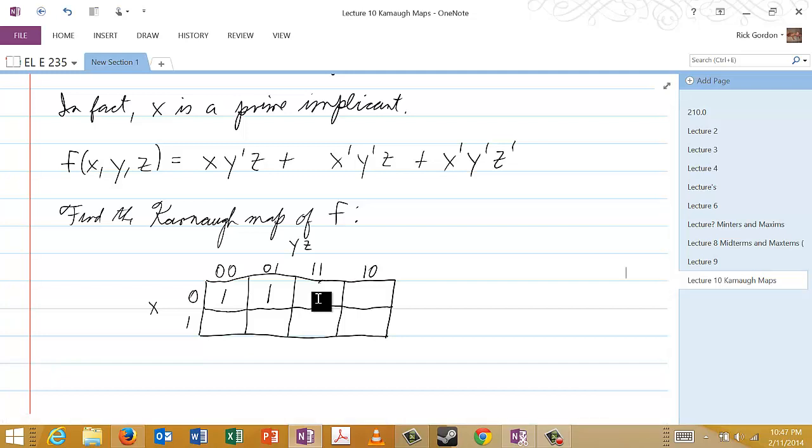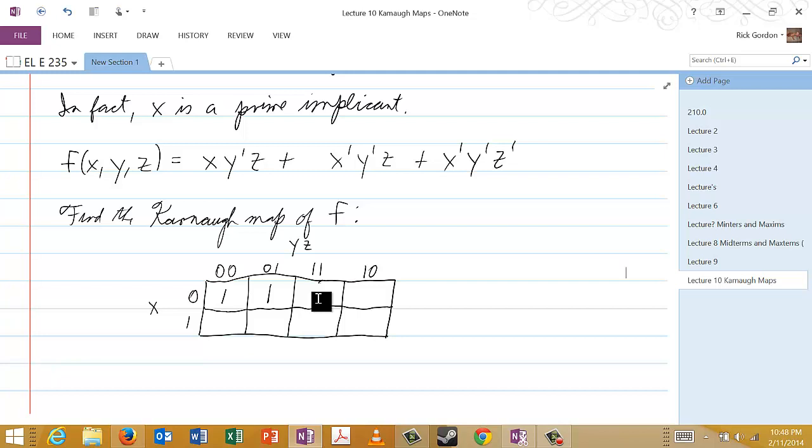Now generally in a Karnaugh map, we don't put down both 1s and 0s. There are some cases when we'll put down 1s, and there are other cases where we'll put down 0s, but we generally don't put down both because they're not necessary. Wherever, like in this case where we're already putting down 1s, if we don't mark down anything, we know that needs to be a 0.